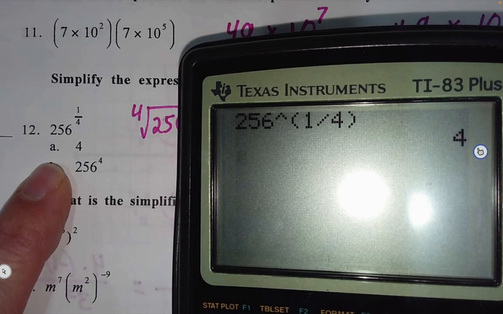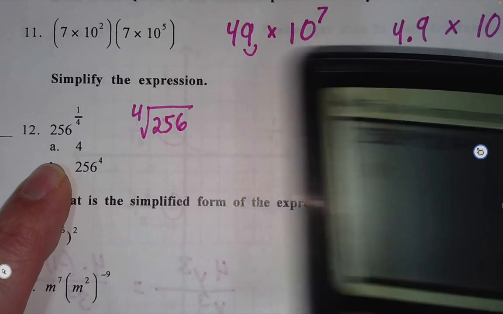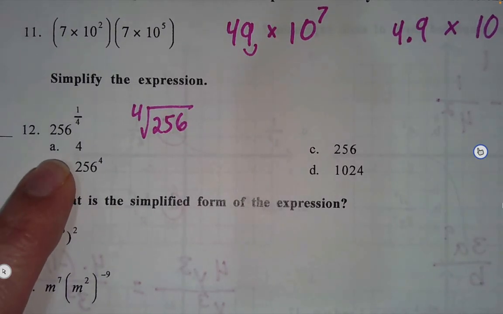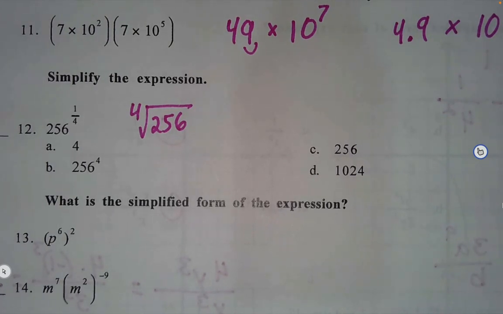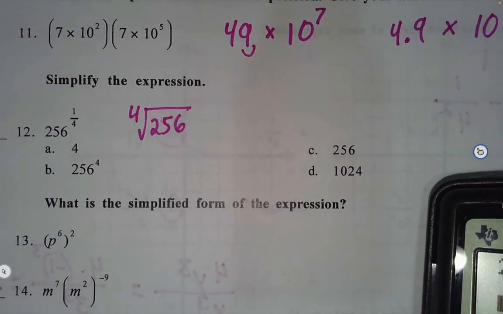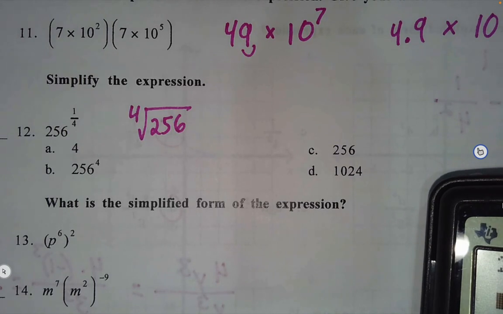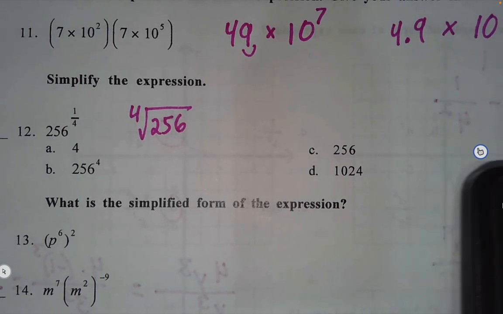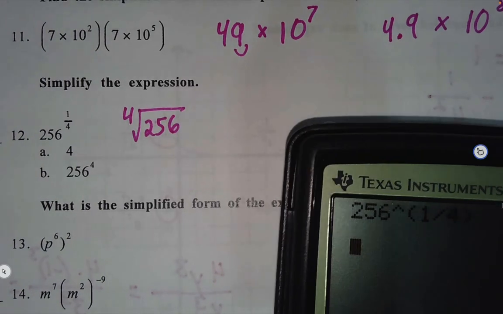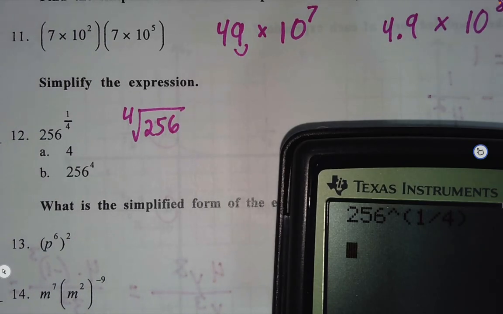And it tells me what's my answer. 4. There it is. Everybody better get that right on your test. Just type in something in the calculator. Okay? If you have a different kind of calculator, you can still do this. You'll have to figure out how to type it in your calculator, okay? But it will tell you the answer. I could have also typed in the 4th root of 256.